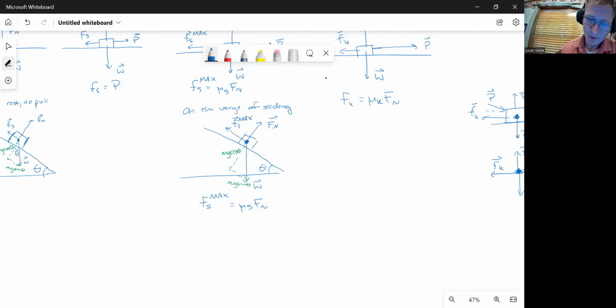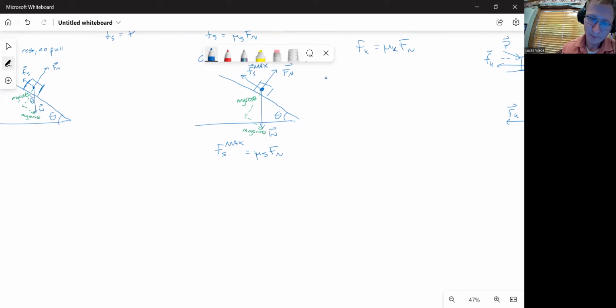So maybe if we do break off into a separate free body diagram here, we've got weight, normal force, our maximum static frictional force. Those are meant to be perpendicular. Didn't quite do a great job of that, but we'll go with it.